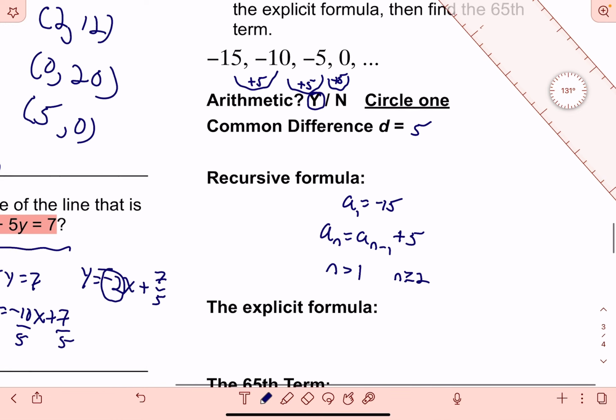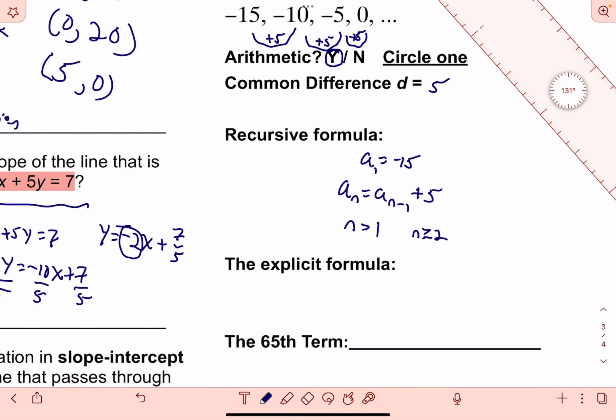The explicit formula, a as a function of n, is just an equation of a line. Think of this as y equals mx plus b, only we're using a and n. So a equals m times n plus b is what we're going for.